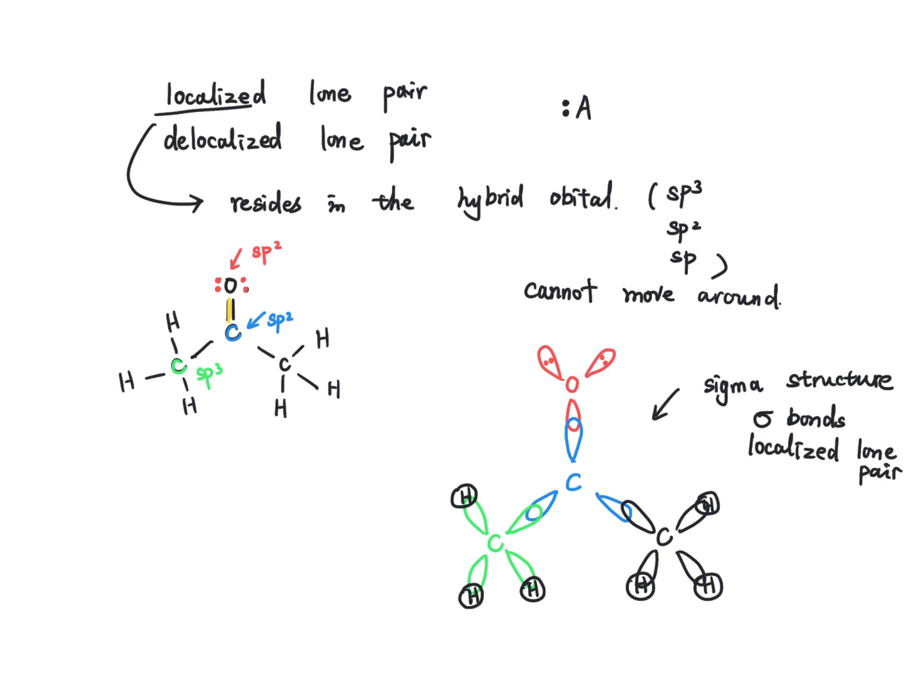All these things cannot move around, okay? Especially a sigma bond: if that pair of electrons moves around, that means you are actually breaking that sigma bond. That is when a reaction happens. So the sigma structure shows the bonds of the molecule and it cannot move around.